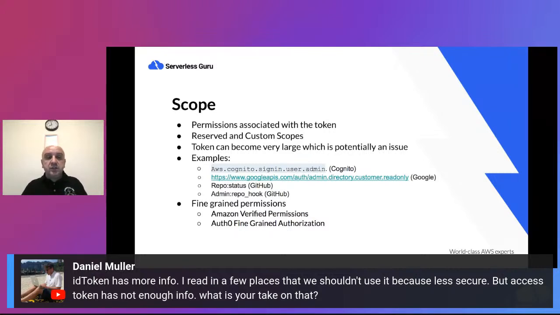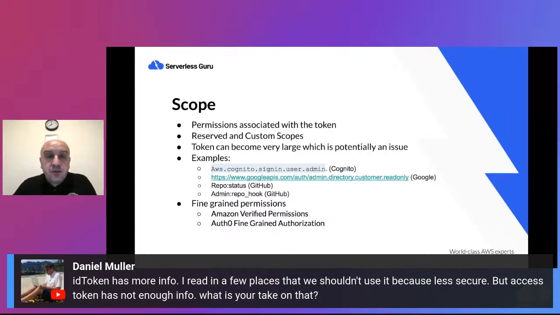It's just about revealing user information, because this information is not encrypted, and you need to be careful what kind of information you put into the ID token. Unless I'm missing something, I don't think they are less secure in the sense that they shouldn't be used. They have to be used if you are using OAuth as per the specification. Does that answer your question? Okay, thanks.